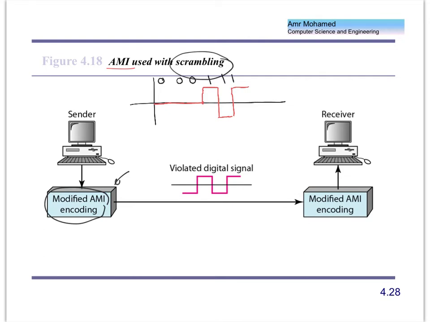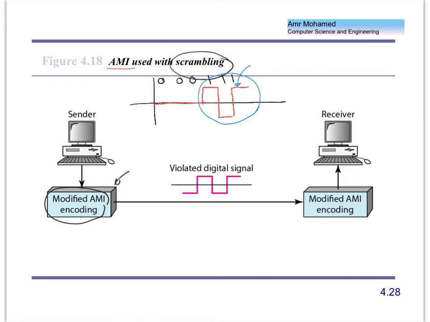Obviously, for the case of consecutive ones, we don't have any issue. We have alternation between positive voltage and negative voltage, and this alternation is actually good because it helps us to improve the baseline wandering, to improve the DC component.